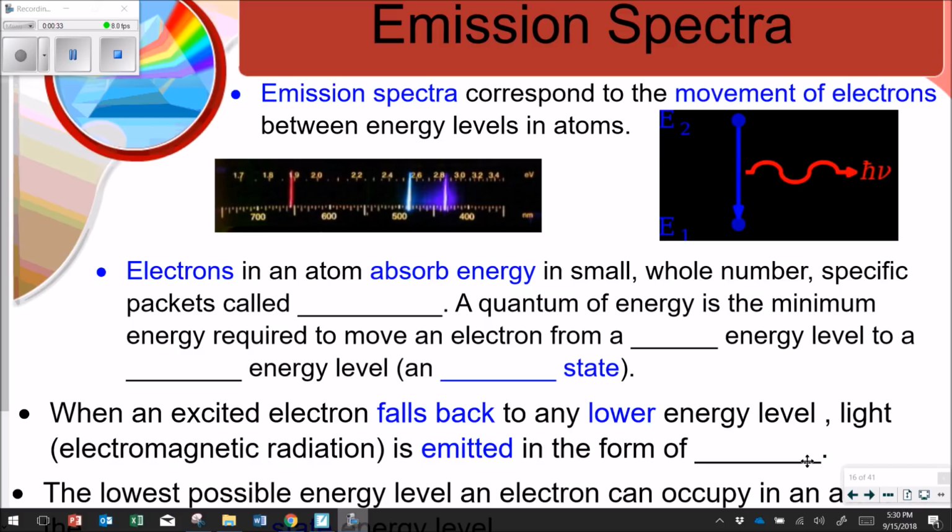So when electrons absorb energy, they do this in the form of small individual whole number packets, and these are called quanta. A quantum of energy is the minimum amount of energy required to move an electron from a lower energy level to a higher energy level. And a higher energy level is called an excited state.